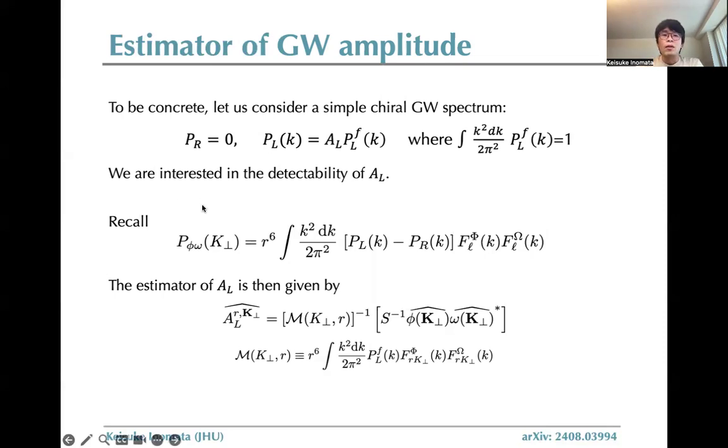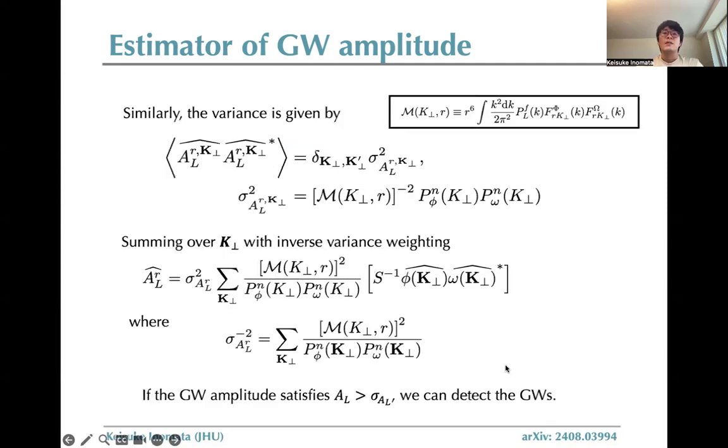Let me recall the cross-correlation power spectrum, which can be expressed as this. And from this expression, we can obtain the estimator of A_L as this. And similarly, the variance is given by this.